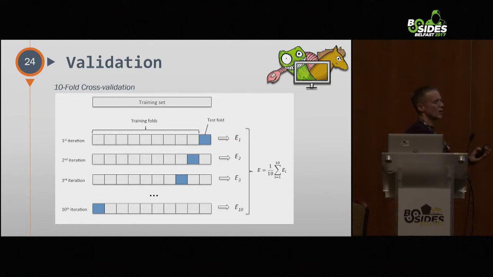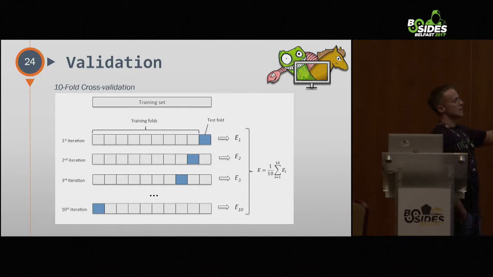To try and combat that, it doesn't eradicate it, but it definitely makes it a little bit better, is a method called cross-validation. What we do is take a training set and divide it into 10 or 20. It doesn't matter, you can divide them however many you want. I use 10. One of the folds, or one of the sections, is kept as a test set, and the rest is trained on the model and run against the test set.